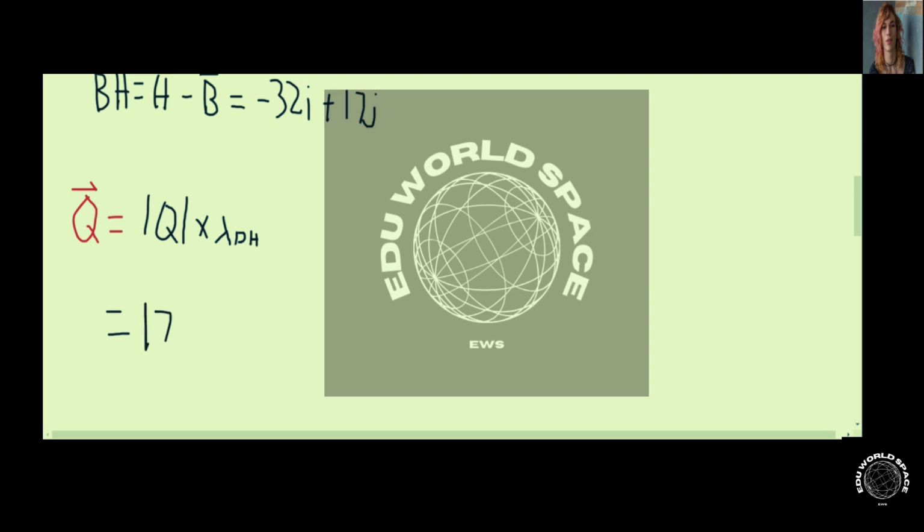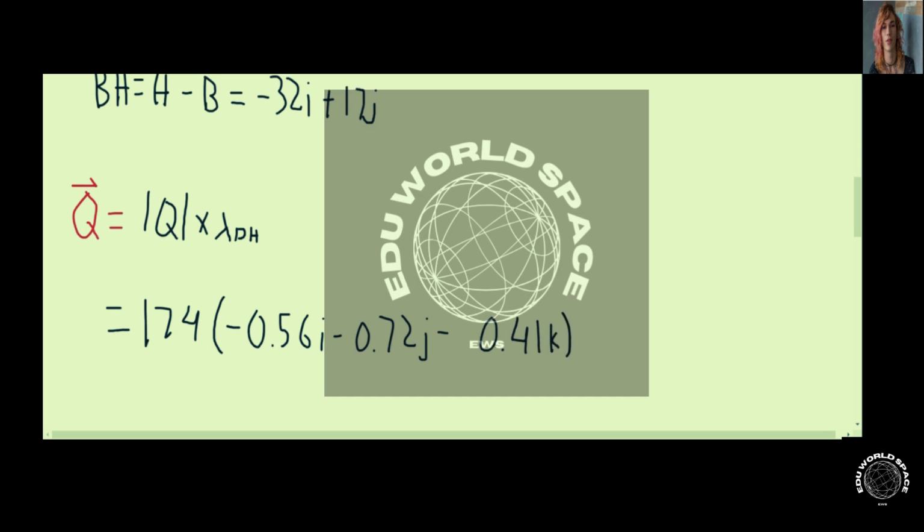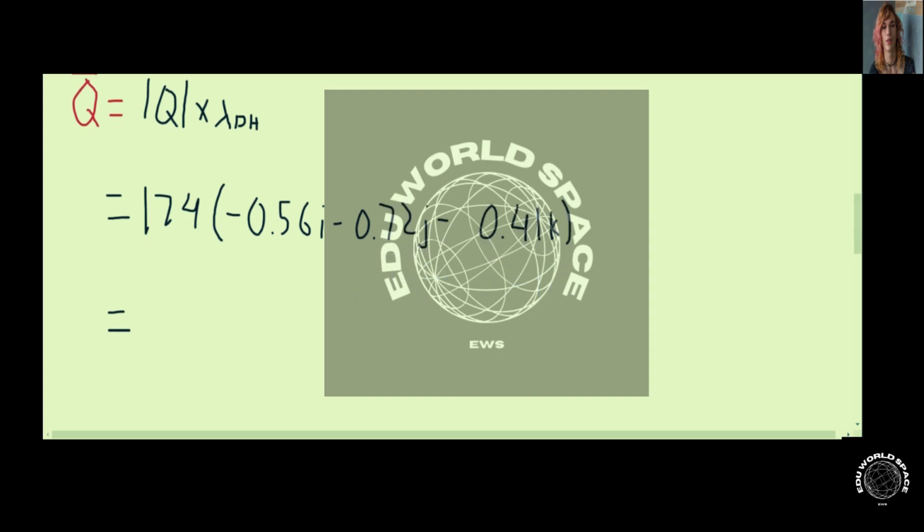So this is going to be 174 times negative 0.56i minus 0.72j minus 0.41k. And this will give us a force vector of negative 96i minus 126j minus 72k.